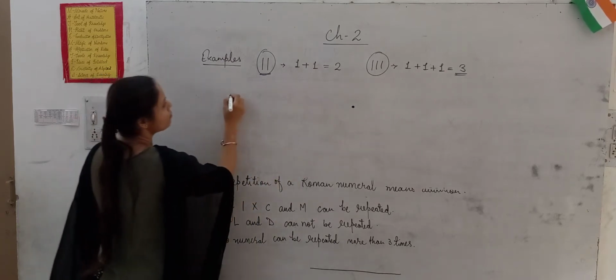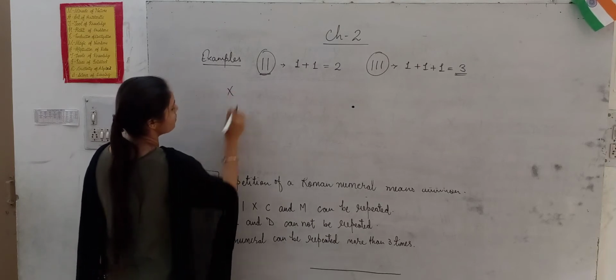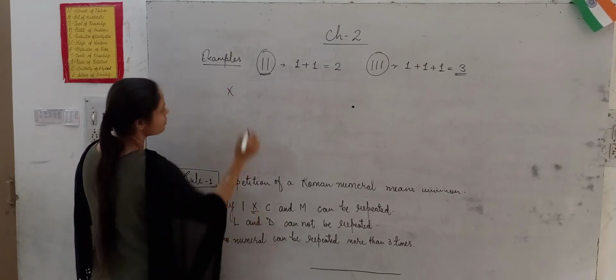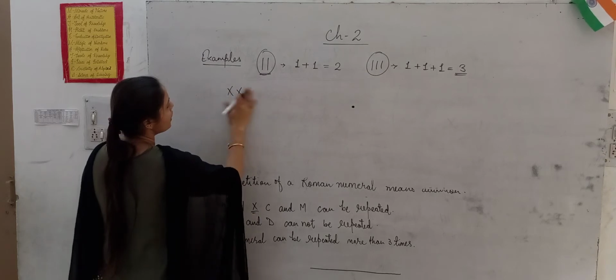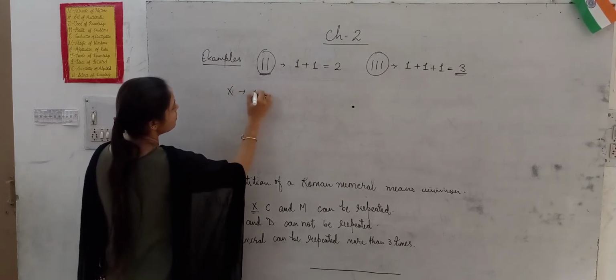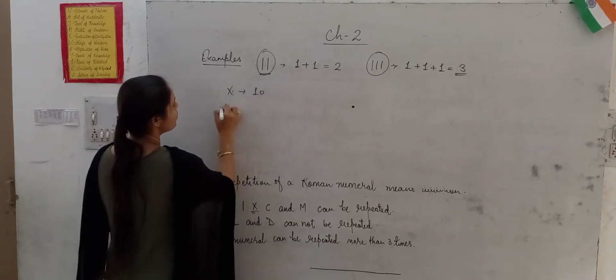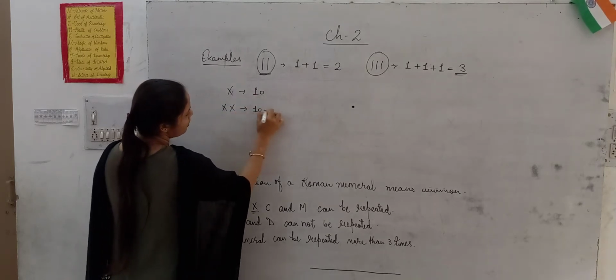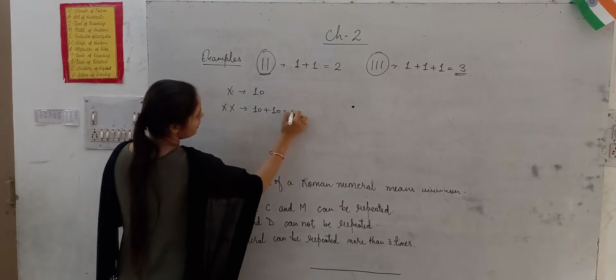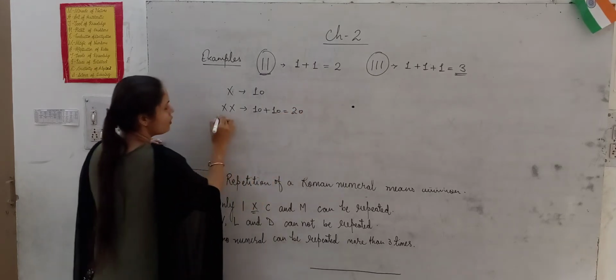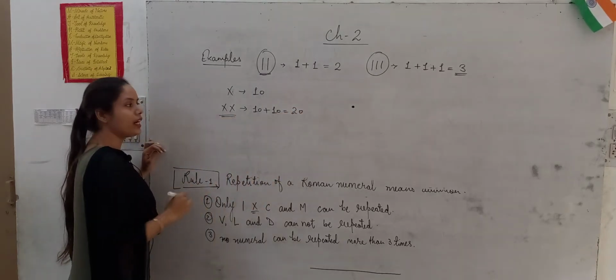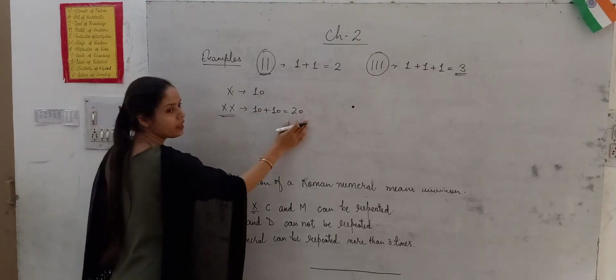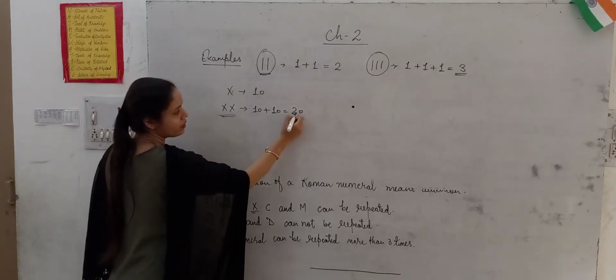Example number 2: if we want to write 10, we write X. X means 10. If we want to write double X, that means 20. So 10 plus 10 means 20. In Romans we write double X to represent Hindu Arabic numeral 20.